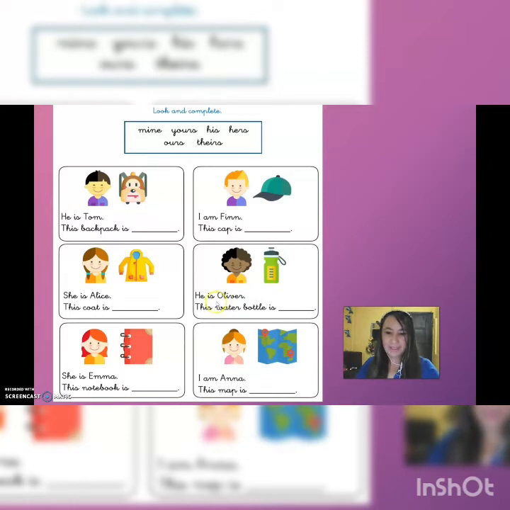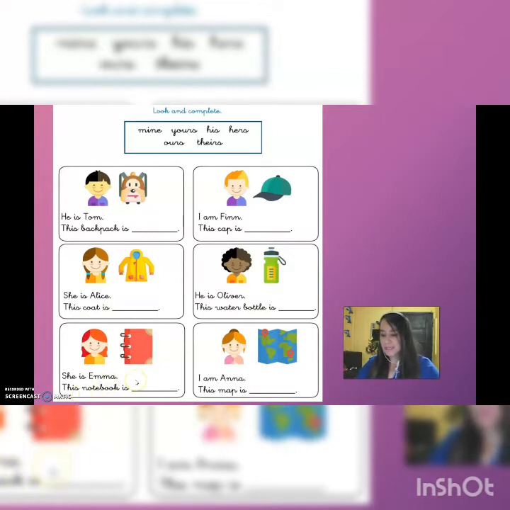Next example. He is Oliver. This water bottle is his. Es de él. Esta botella con agua es de él. Next one. She is Emma.